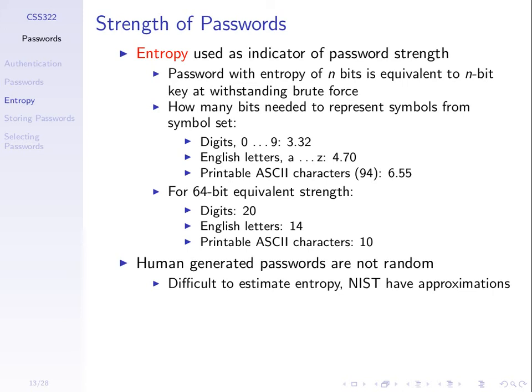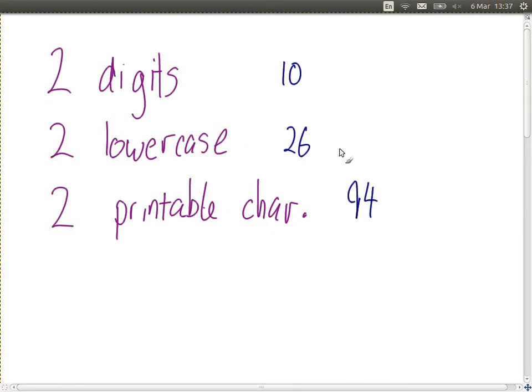The entropy of a lowercase character is 4.7. So log base 2 of 26. The entropy of the 94 printable characters is 6.55. Log base 2 of 94. Just make note of the entropy of them that we have.